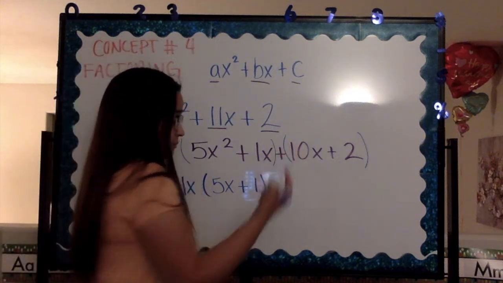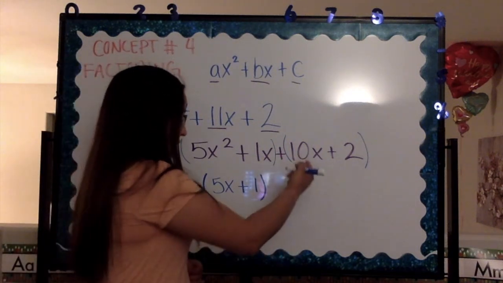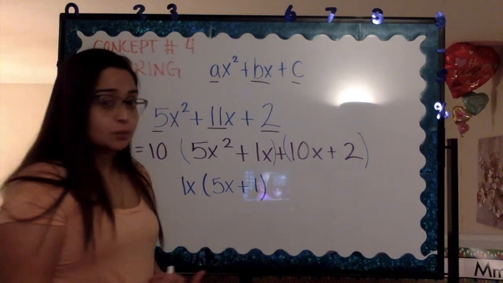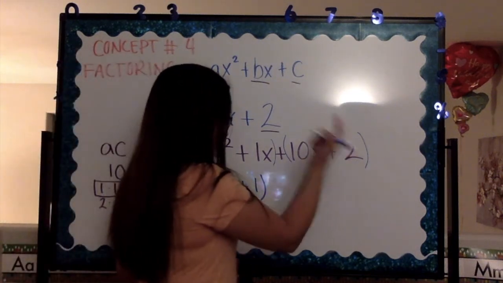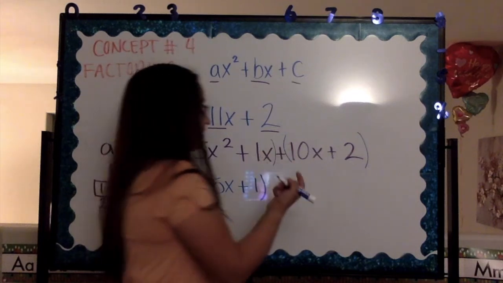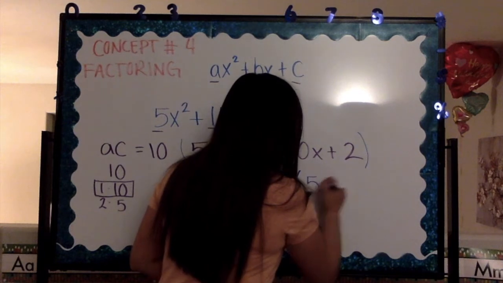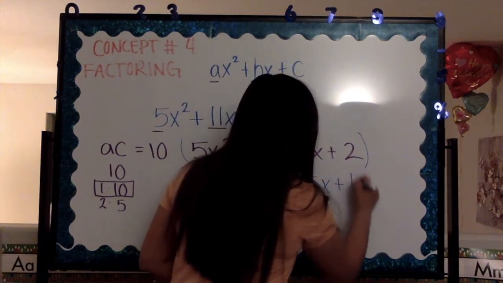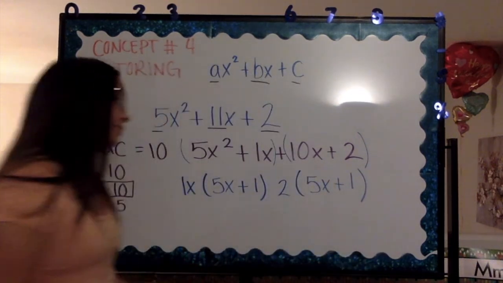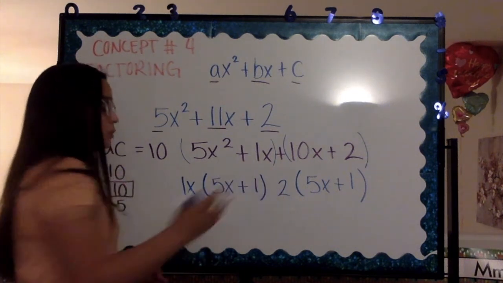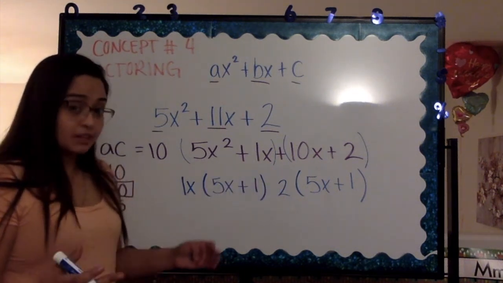Now I'm going to do the same thing to this one. In this case, my greatest common factor is 2, because 2 is the biggest number that can go into 2. Okay? So 2 times 5x plus 1. Again, we have 1x and 2 as the greatest common factors.